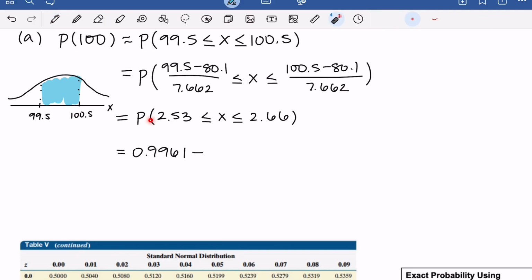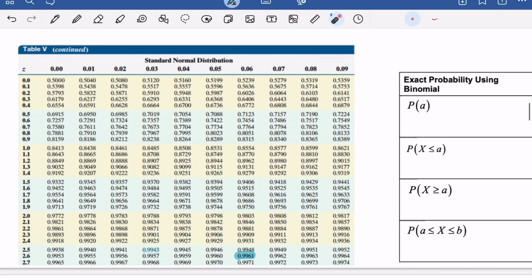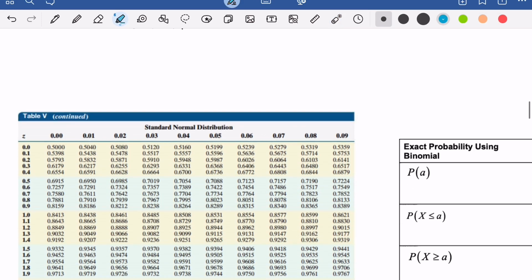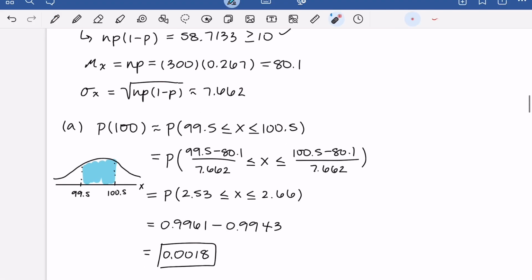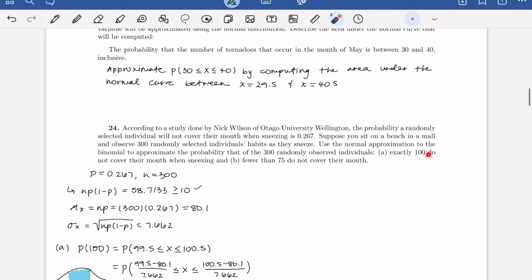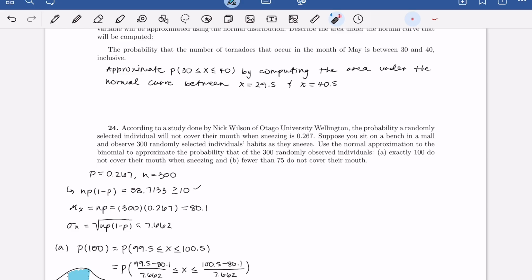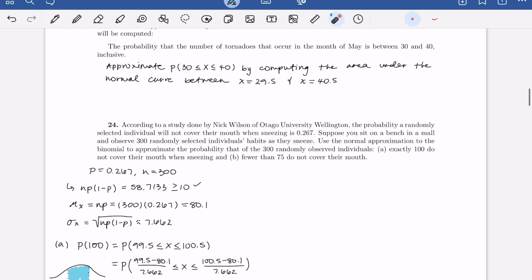And then the area under the curve corresponding to 2.53 is going to be given by 0.9943. All right, so subtracting these, we're going to get that the probability is 0.0018. The probability that exactly 100 individuals out of the 300 do not cover their mouth when sneezing.